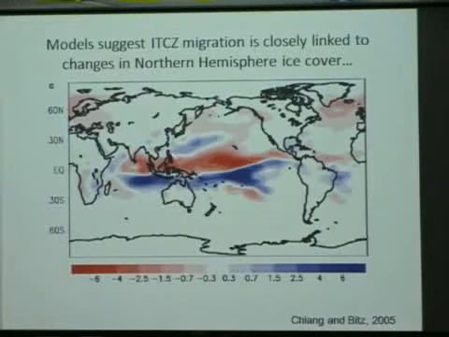Overturning circulation of the Atlantic was a bit slower. This shows you that we had a positive rainfall anomaly in the south and a negative rainfall anomaly towards the north in these two bands. And so this is indicating that the whole ITCZ shifted south at that time.